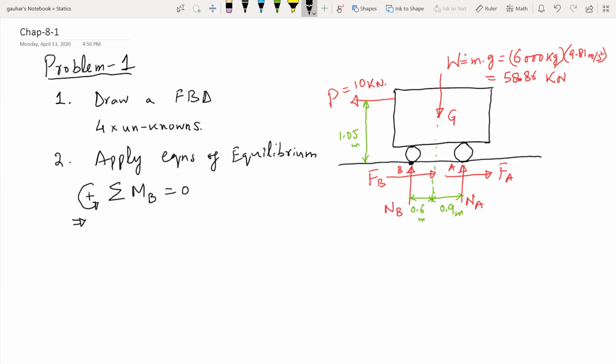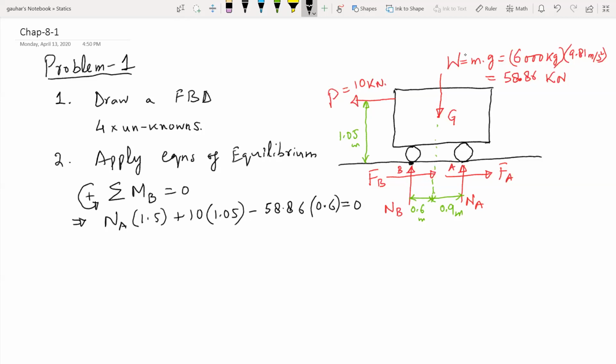So if we take that, we have NA times 1.5, which is the moment arm, and we have the 10 kilonewtons force times 1.05, which is the moment arm. Then we have the moment from the weight, which is 58.86 kilonewtons times 0.6, the moment arm, equals 0.